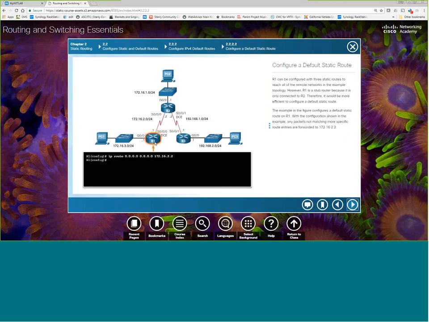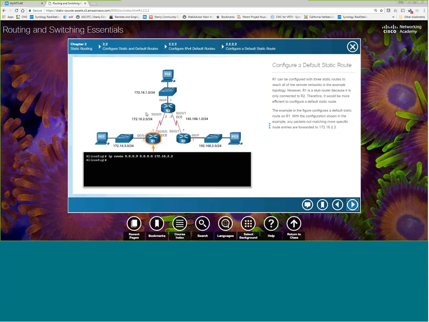So here, you notice R1 really only has one path, that's up to R2. So if I do an ip route quad 0, next hop IP, then everything that's not directly connected, I'll send up to R2. Now, R2 is going to have two routes on it, one for the 3.0 network, one for the 2.0 network. And then R3 could also have a default route on it going up to R2. And then you would have full convergence.